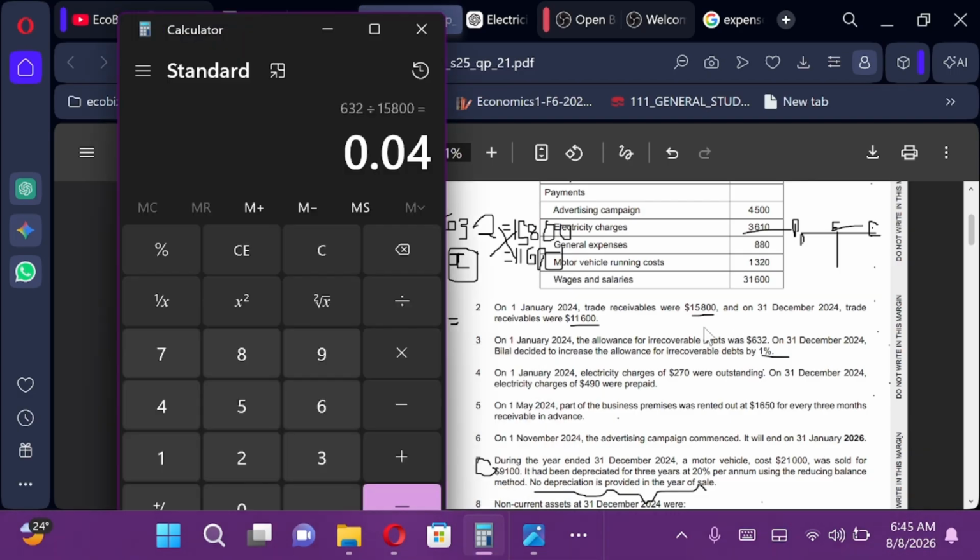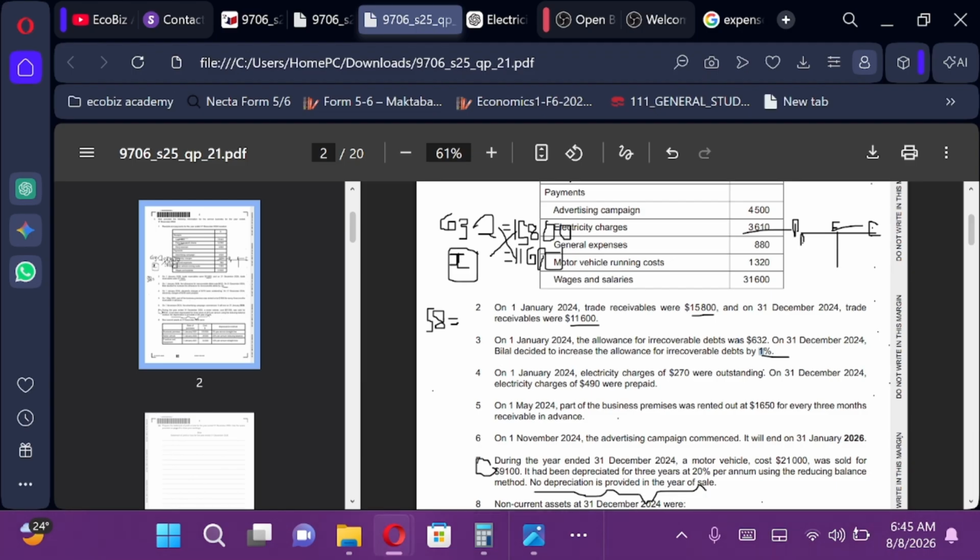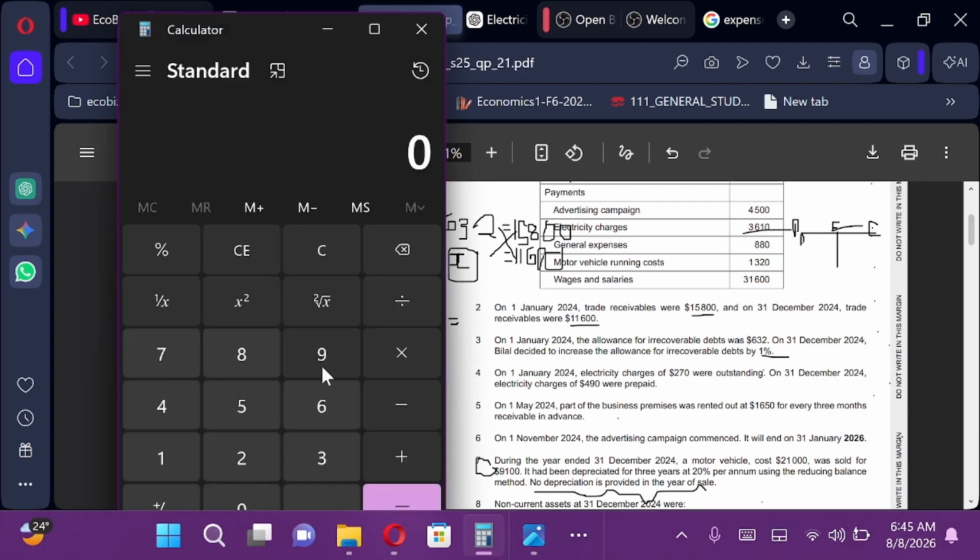Basically, we take the amount that we have not received and divide by the total debts of that period. We get 4%. Now we have to add this 1% because it increases. So we got 5%.